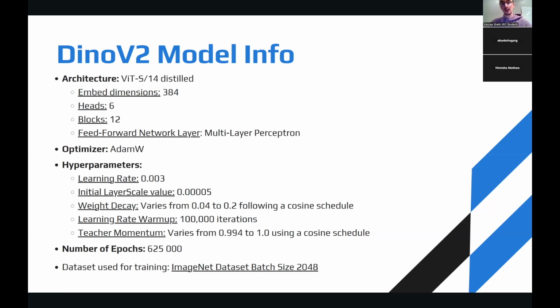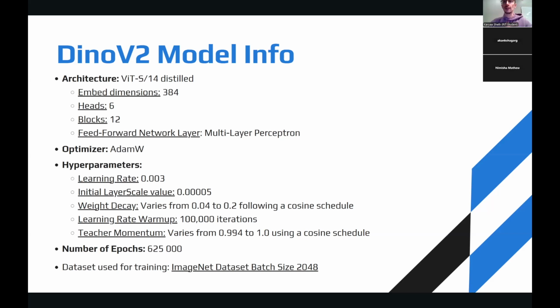For the hyperparameters from the paper review, we saw that there were 5 hyperparameters, such as the learning rate, the initial layer scale value, the learning rate warm-up, the weight decay, and lastly the teacher momentum.